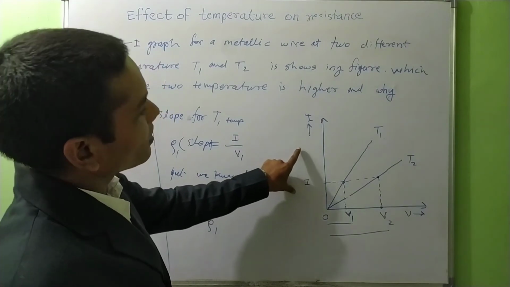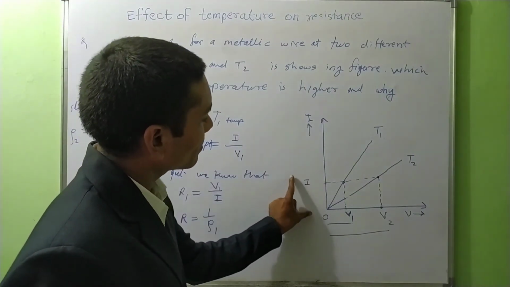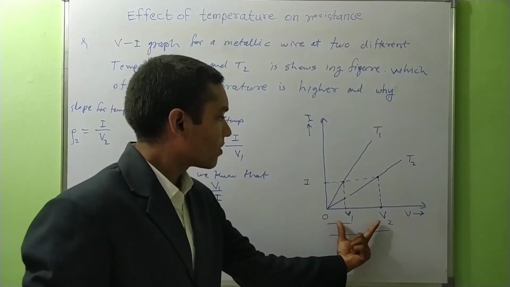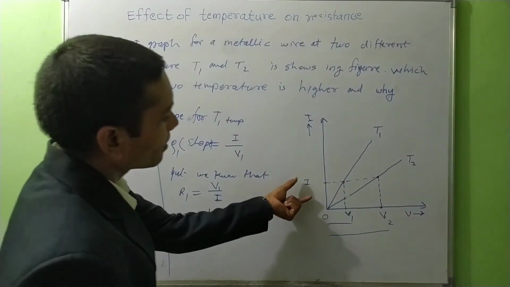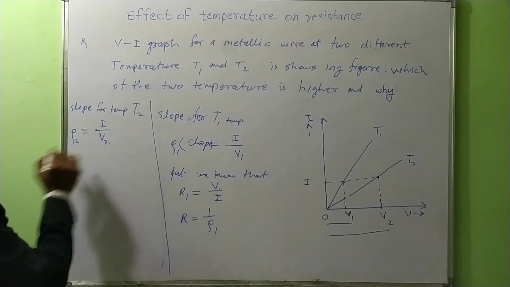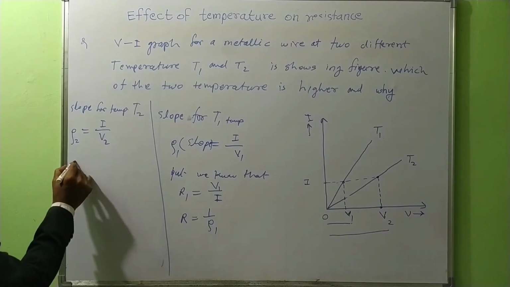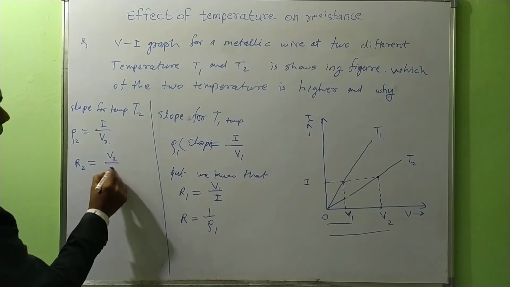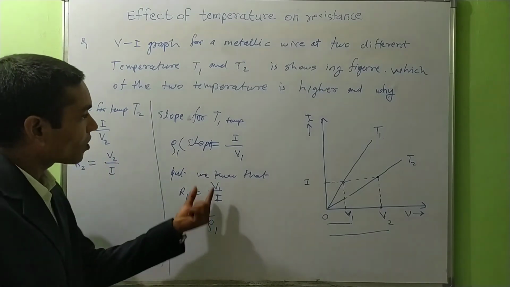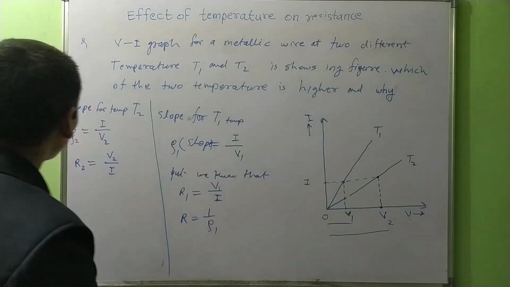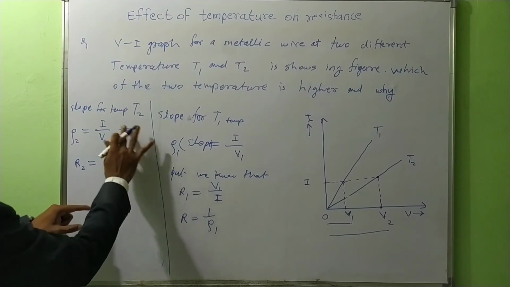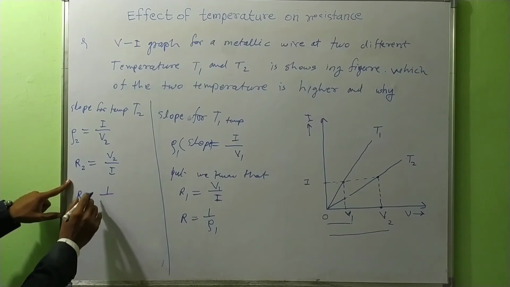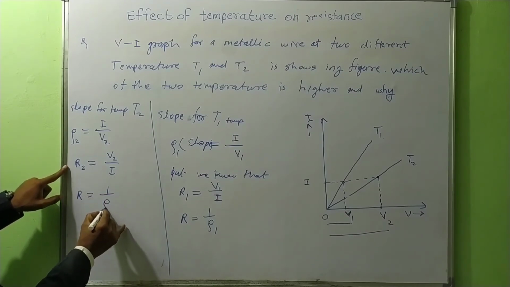The change in y-axis means change in I, and change in x-axis is V2 minus 0 equal to V2, and I minus 0 equal to I. So this is the slope. But the resistance will be R2 equal to V2 upon I. This is the formula by Ohm's law, and this is also the formula by Ohm's law. From this equation and this equation, it is clear that the resistance is reciprocal to the slope.